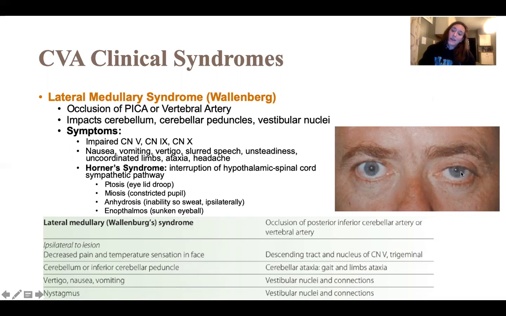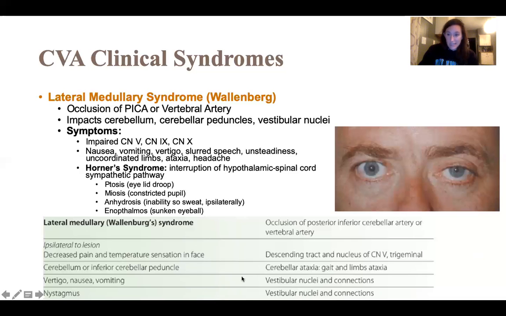The pupil is constricted, and this is regardless of light, dark, anything, it is always constricted. You will see a sunken eye socket. And then also this patient will lose the ability to sweat around that eye region and surrounding face regions as well. This is an ipsilateral set of symptoms that you can see with our Wallenberg folks.